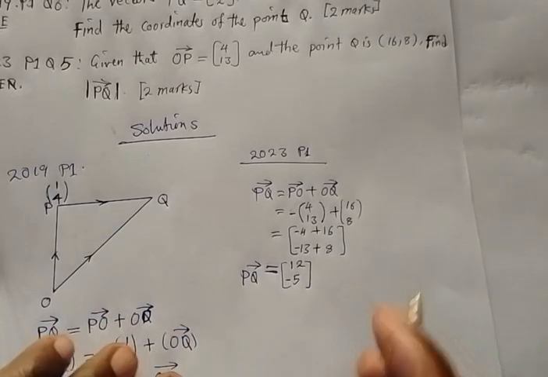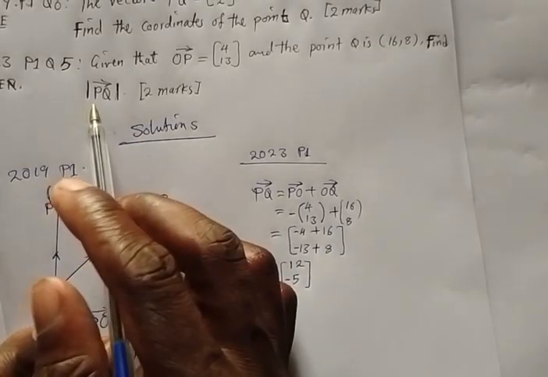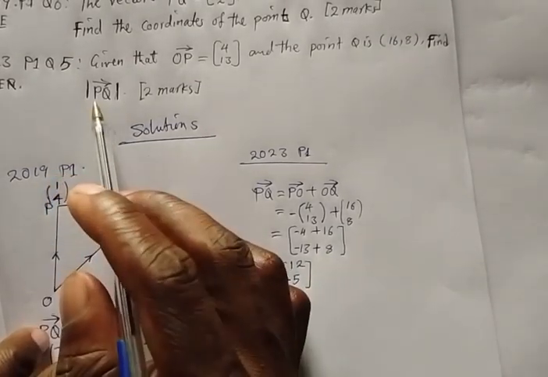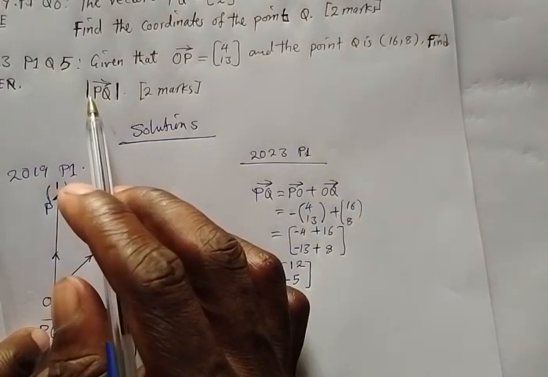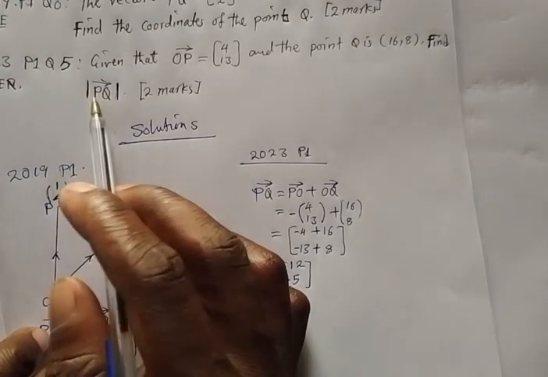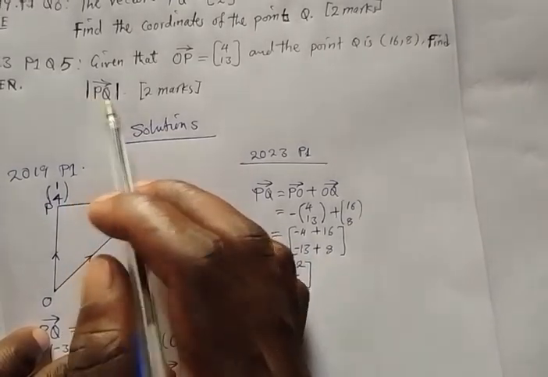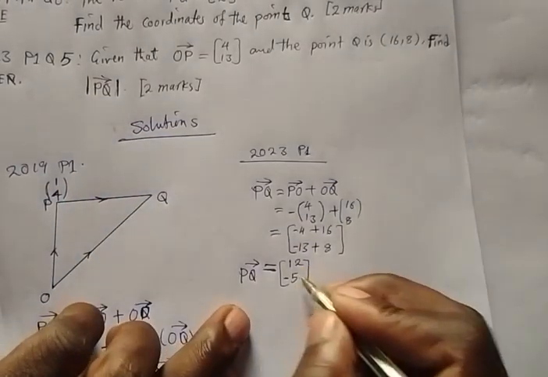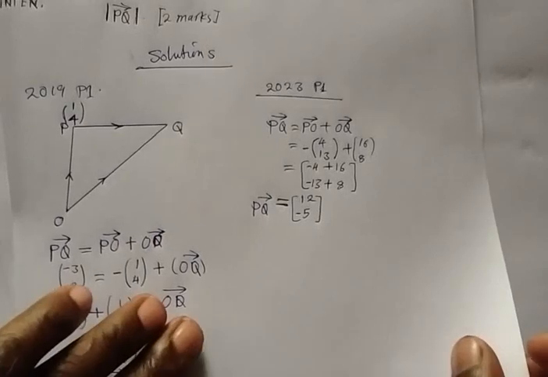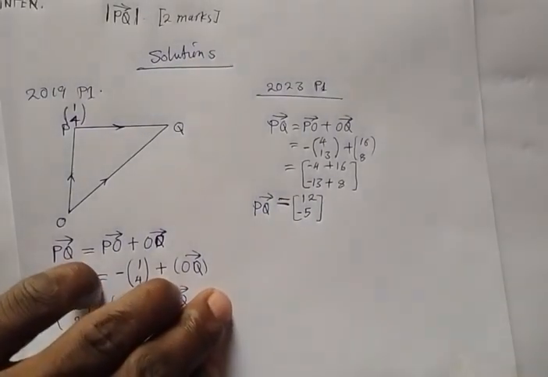Now the question is requiring us to find the magnitude of vector PQ. So for the vector PQ, which is this one, you need to understand and write the formula for the magnitude.